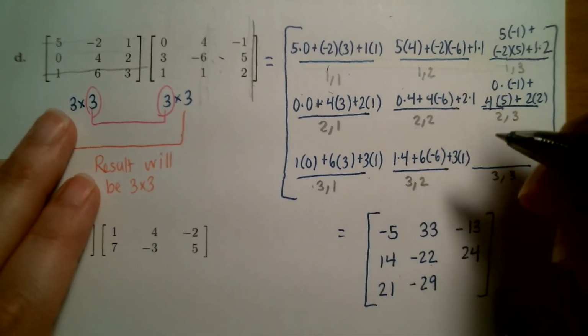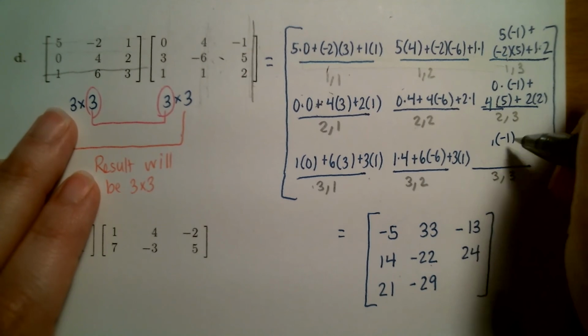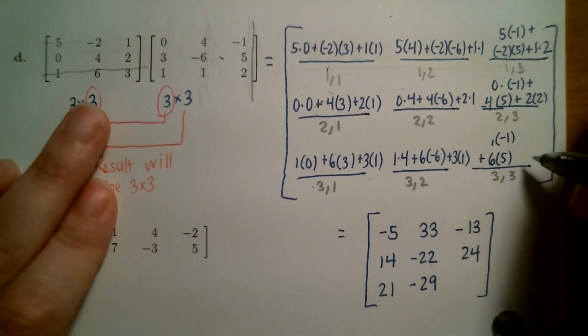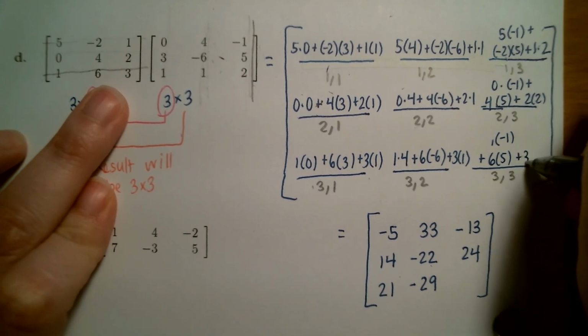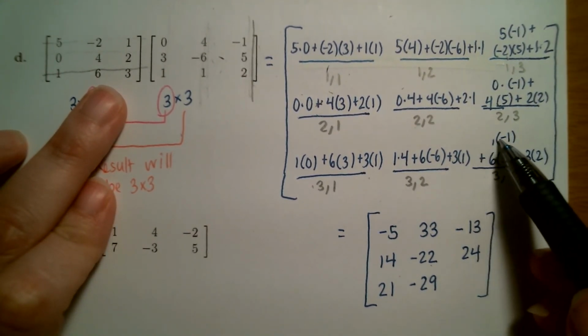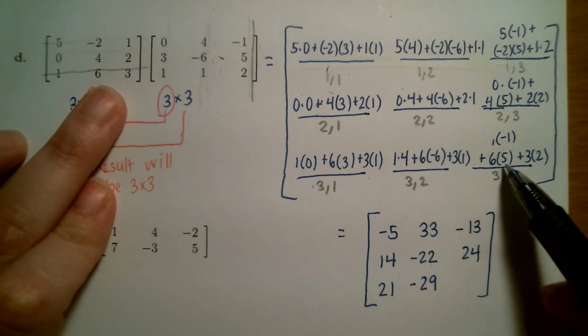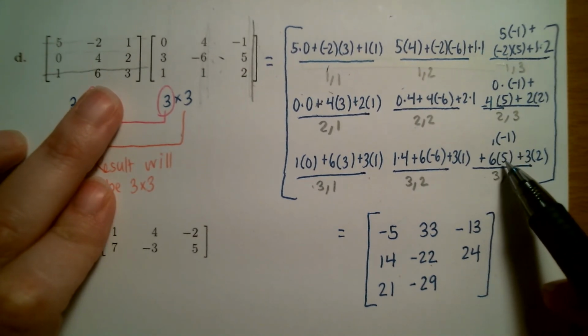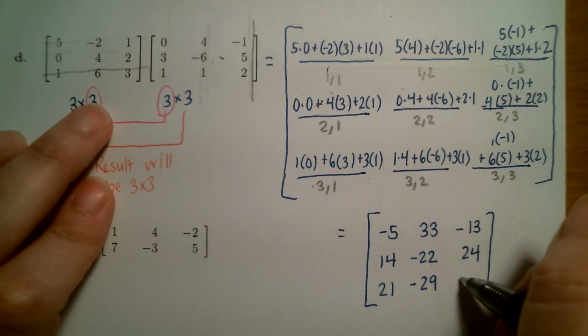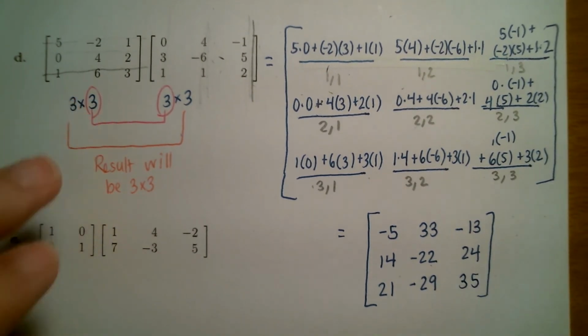It's going to be 1 times negative 1 plus 6 times 5 plus 3 times 2. Simplify, you're going to get negative 1 plus 30, that's positive 29 plus 6 is going to be 35. This is your final matrix.